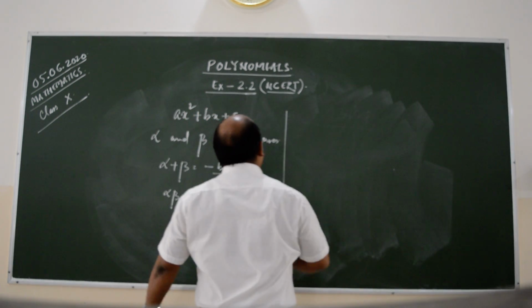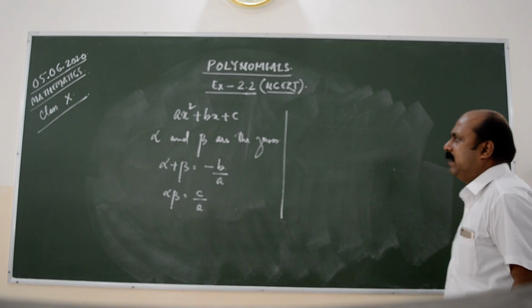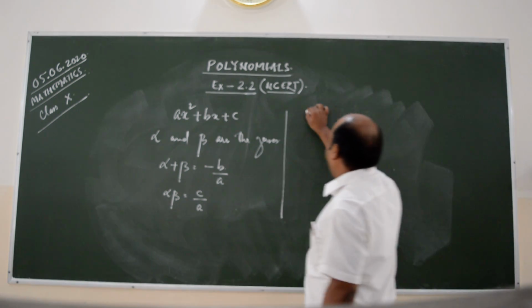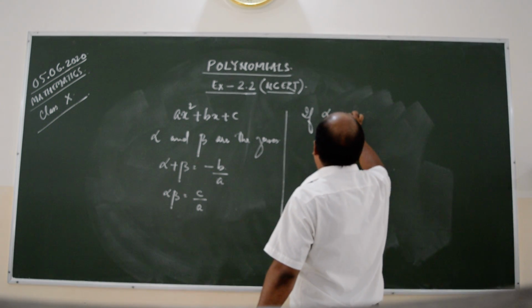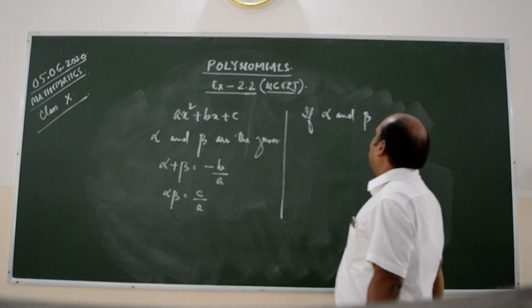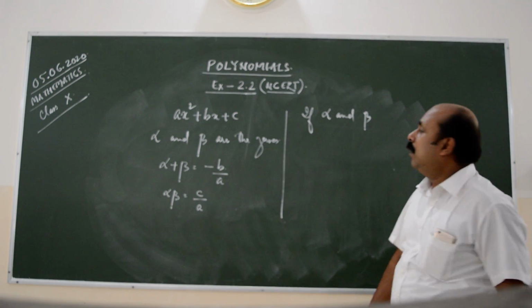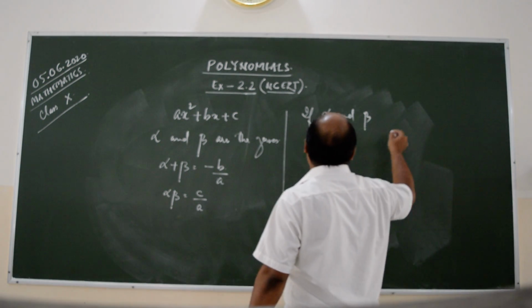The second concept that will be used in this exercise is if alpha and beta are the given zeros, then the required polynomial.